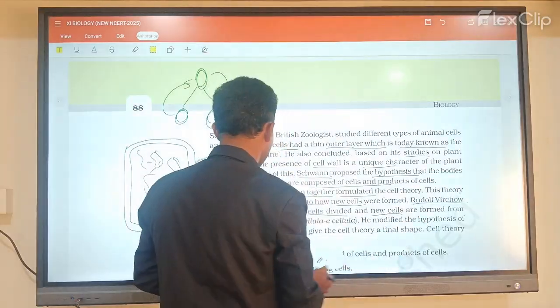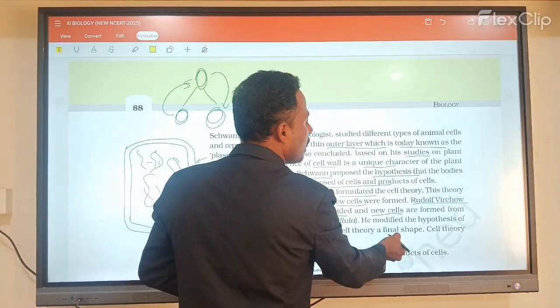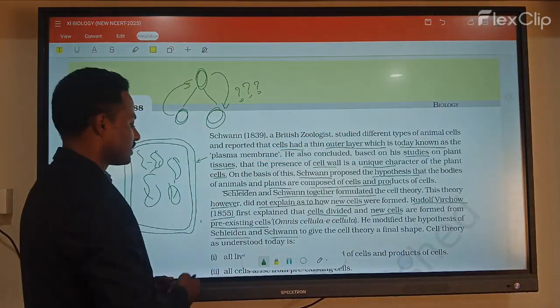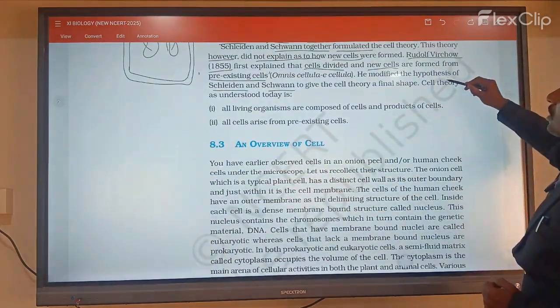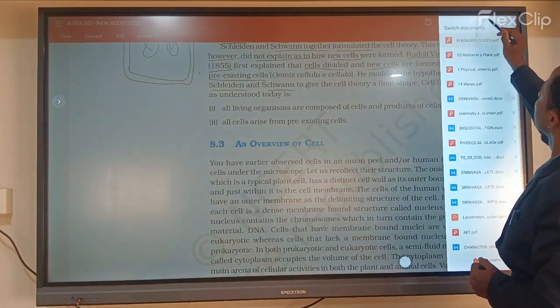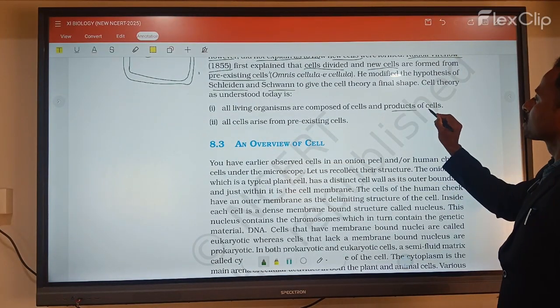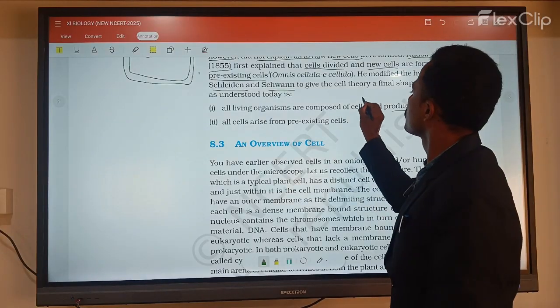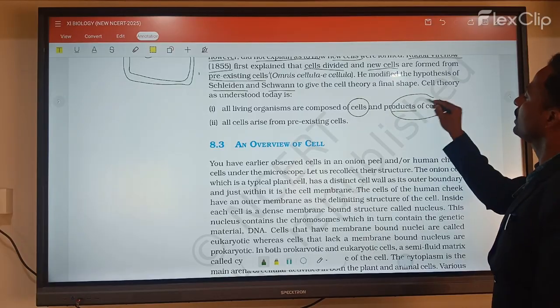He modified the hypothesis of Schleiden and Schwann to give the cell theory its final shape. The cell theory as understood today is, first, that all living organisms are composed of cells and products of the cell.